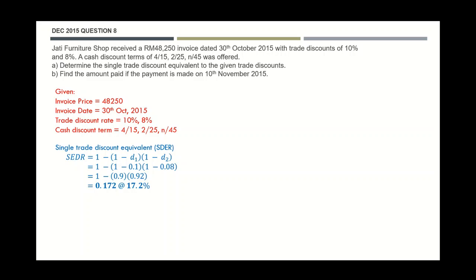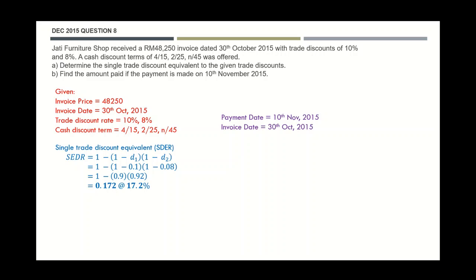Okay, once you have found the SEDR, the second part is to find the amount paid. So in this case, you are given that the payment date is 10 November 2015 and the invoice date is 30th October 2015. So basically, the first thing that you need to do here is to identify the number of days when payment is being made.